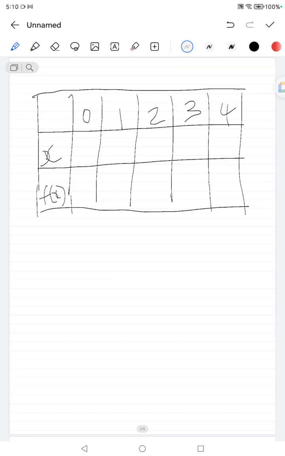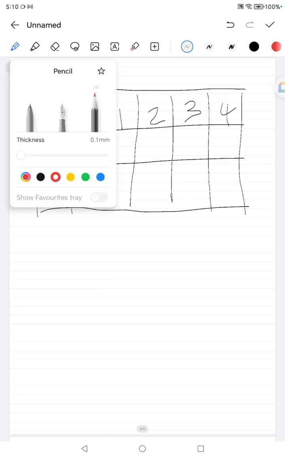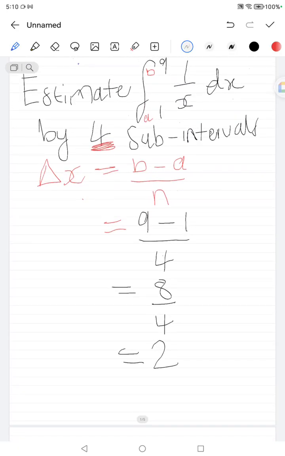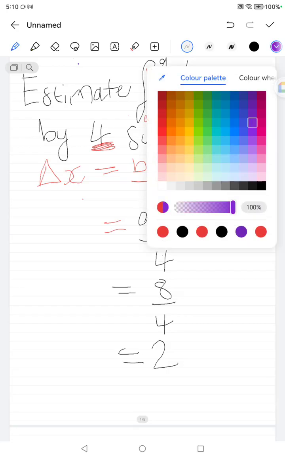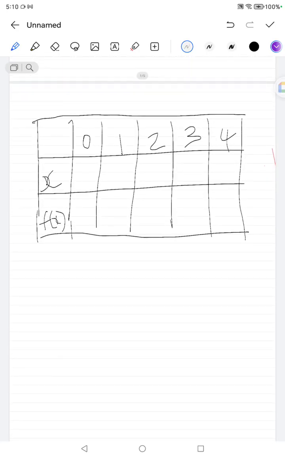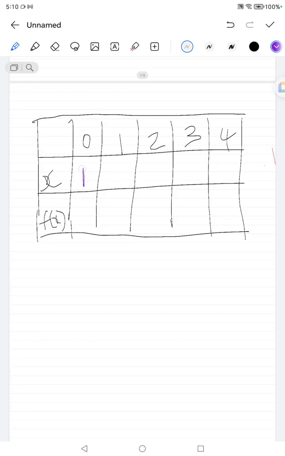And then now you go and check. The first point that you write here will always be your a point. What's my a? Your a is this point, which is your 1. But what is the delta x moving forward? Your delta x was 2.